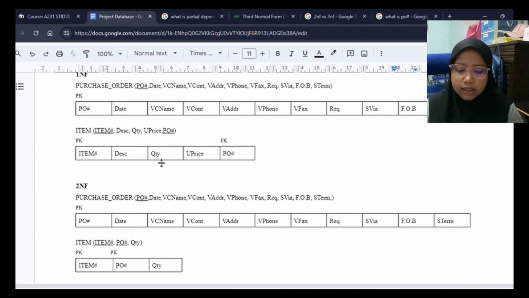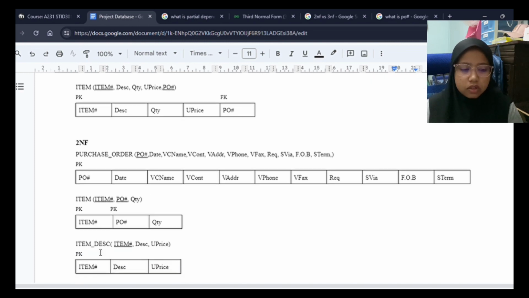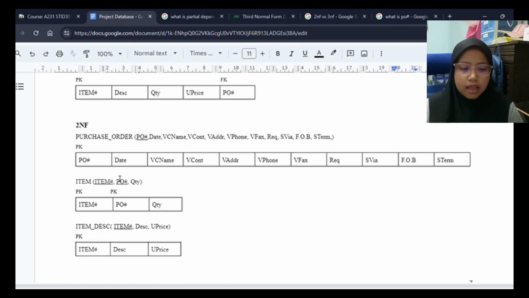However, only quantity depends on both keys. Description and unit price depend on the item number only. So we remove the description and unit price into another table like this. Now we have three tables: purchase order table, item table with two primary keys, and item description table with one primary key only.